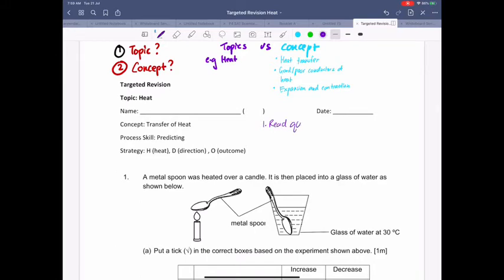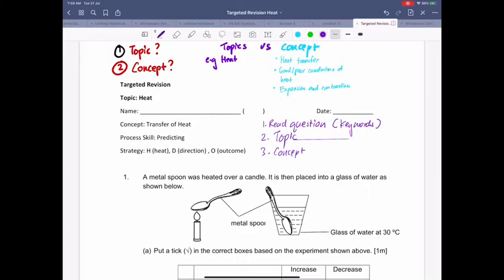When you read the question, what you want to be looking out for are keywords or key ideas that will help you identify which topic it is. The second step would obviously be to identify your topic, and then after that take some time to think about the keywords as well as the ideas presented in the question, and then zero in on the concept that is being tested.